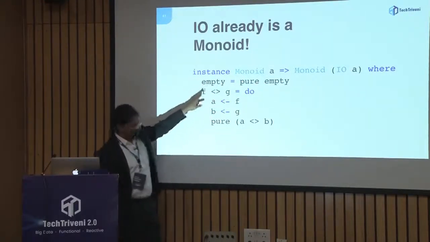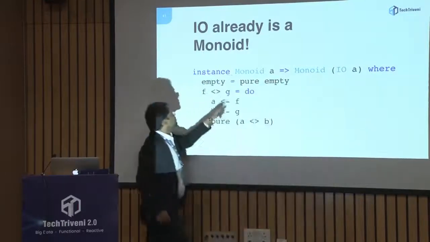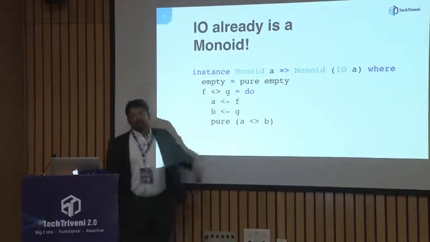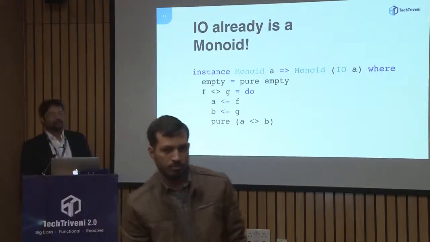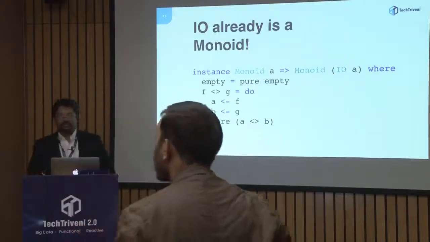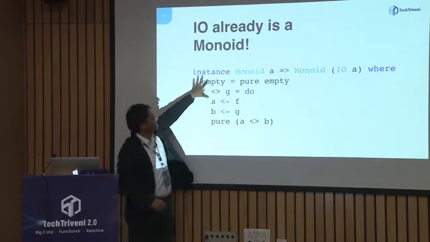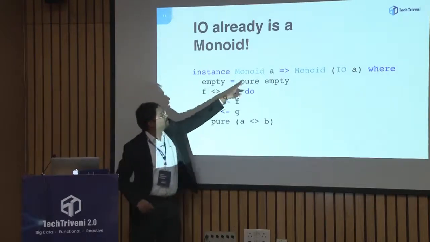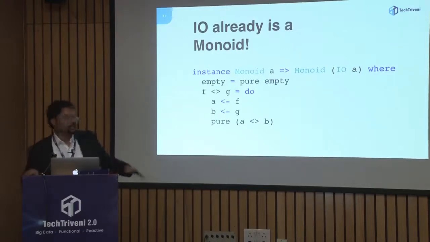Basically, you can define IO A is a monoid if A, the value that it returns, is also a monoid. This is a precondition to defining that class. You can have preconditions like this in Haskell, and they're all over the place. Does that answer your question? We are basically specifying that this is only valid if A is also a monoid. This is a precondition.